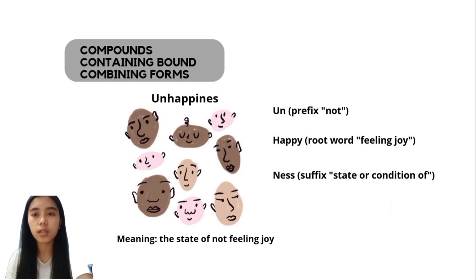Unhappiness. Un is a prefix meaning not or opposite of. Happy is the root word meaning feeling joy. Ness is a suffix meaning state or condition of, meaning the state of not feeling joy. And 2. Biology. Bio, root meaning life. Logy, suffix meaning study of, meaning the study of living things.